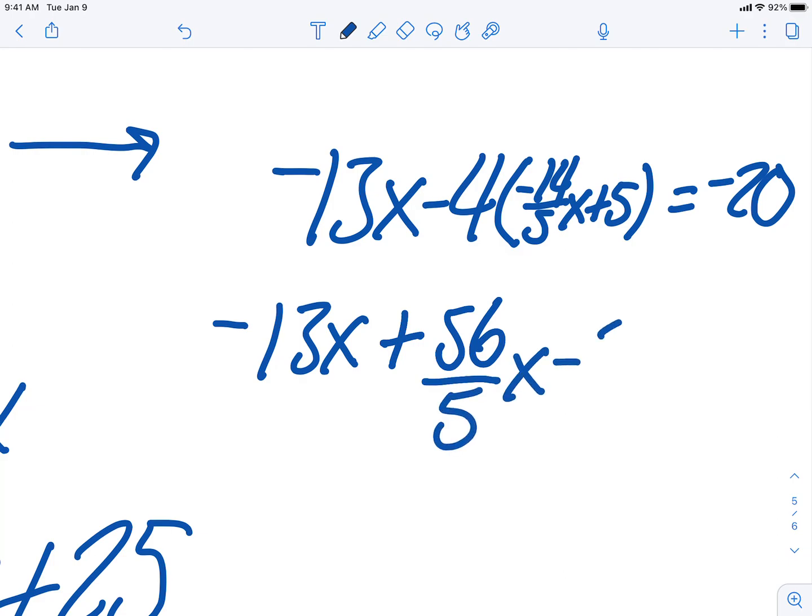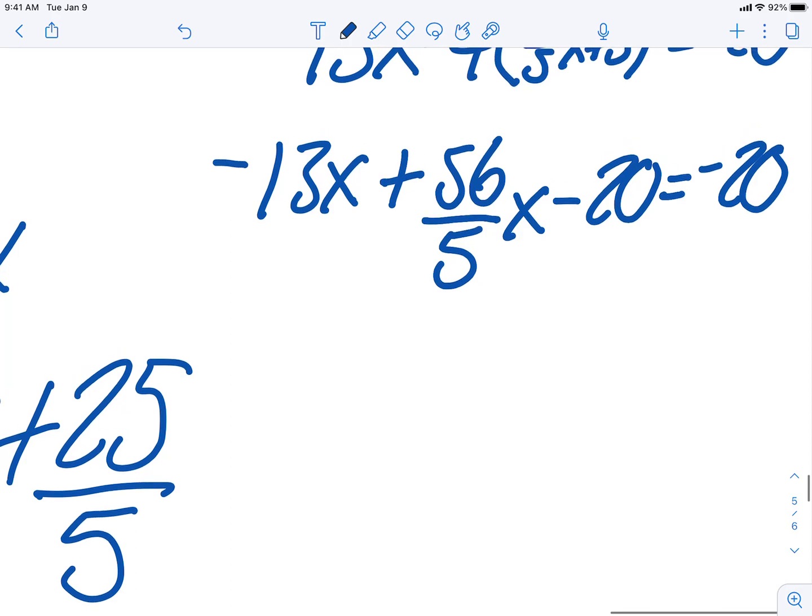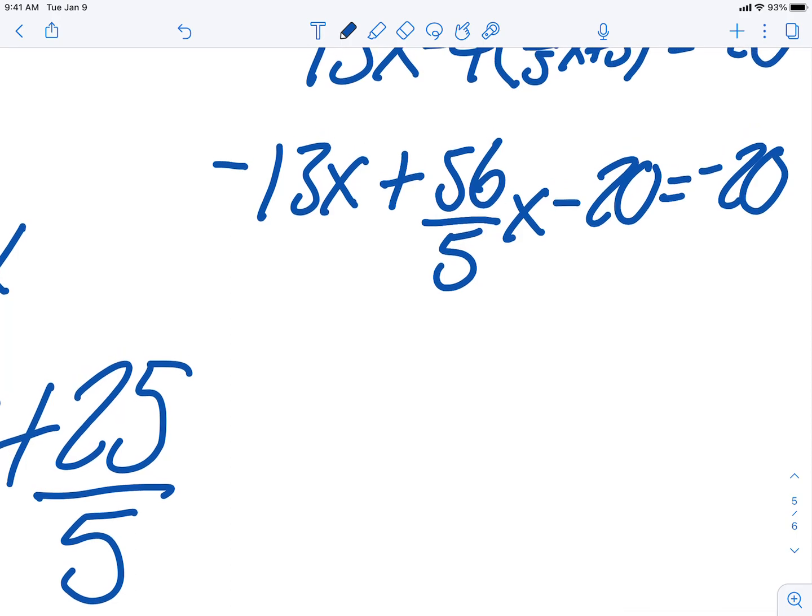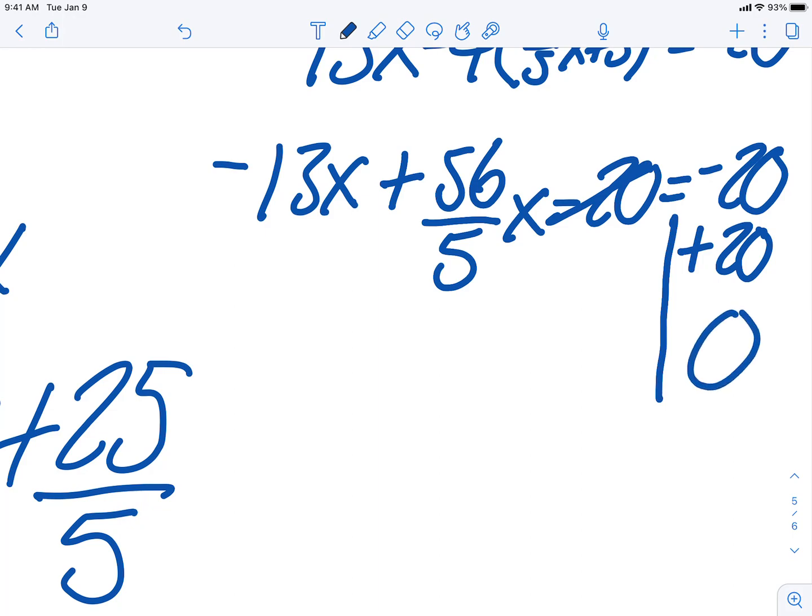Negative 4 times 5 is negative 20, is equal to negative 20, like that. So what I can do is move this negative 20 over as plus 20, right? And this is going to give me 0, actually, right? 20 minus 20 is 0.